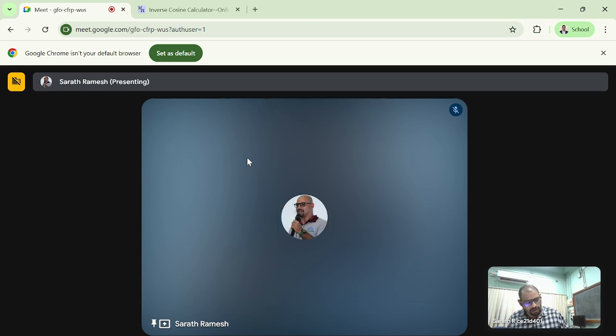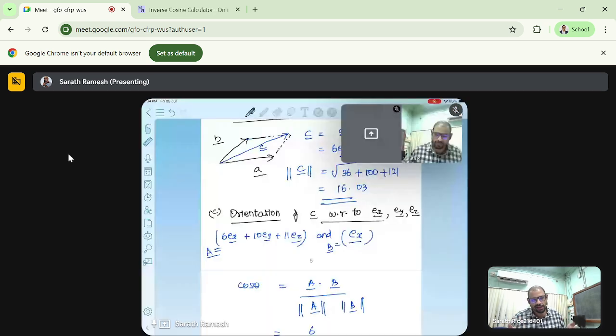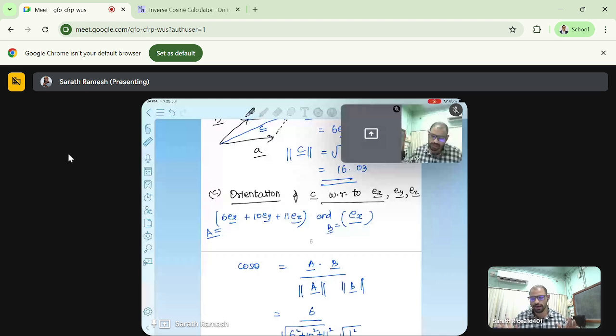So what we will do in the next subdivision is, instead of B equal to Ex, we are going to have Ey, and the same is going to repeat, right? So the idea is only how to find the angle between these two vectors. Okay, that's all. Now let's move on to the D question of this.